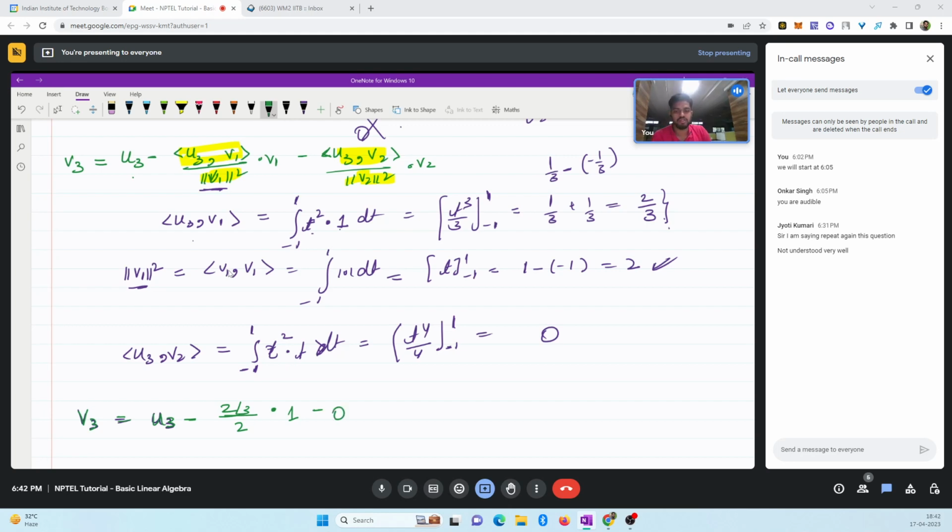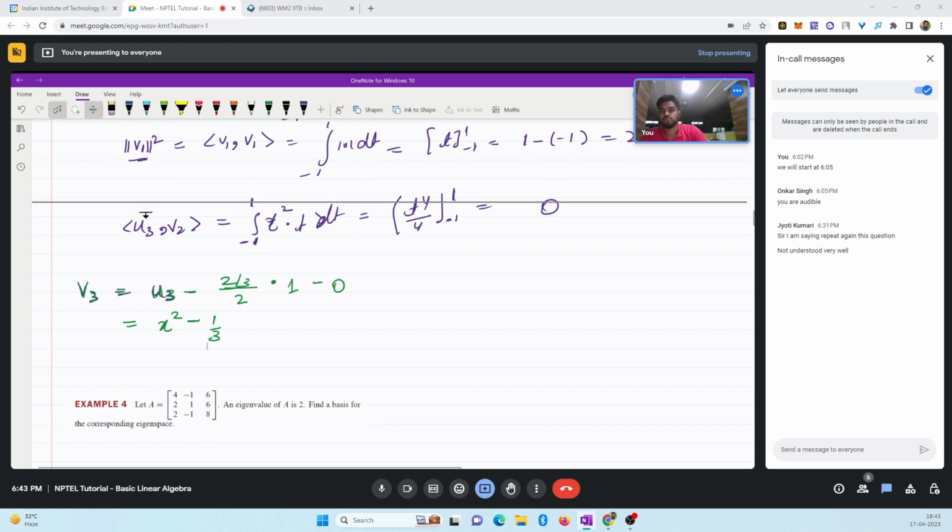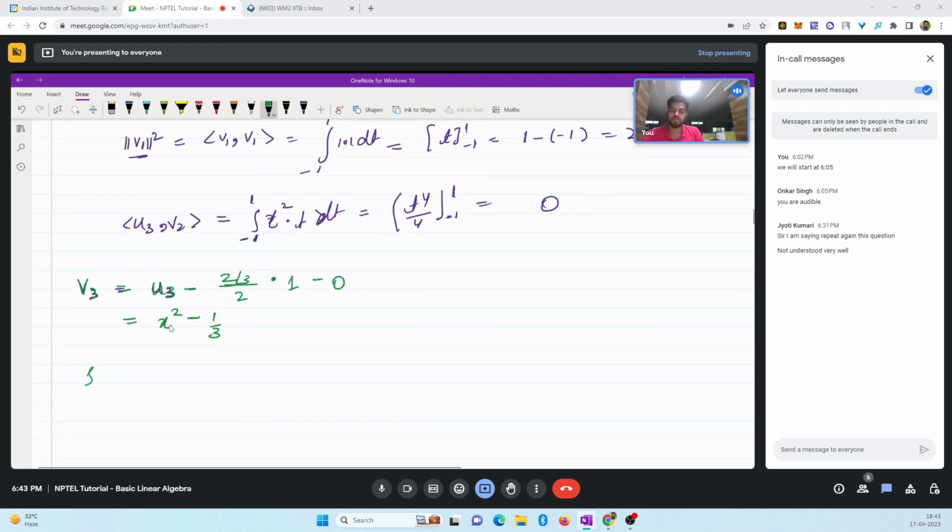Okay, and the last term became zero. So what is v3? v3 is nothing but x square minus one by three. So we obtained our orthogonal basis. What is the orthogonal basis that we obtained? The orthogonal basis was v1 as 1, v2 as x, and v3 as x square minus 1 by 3.